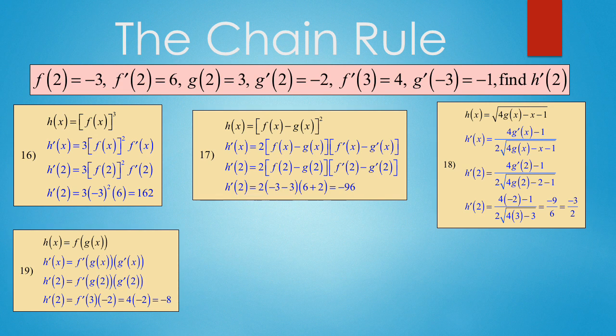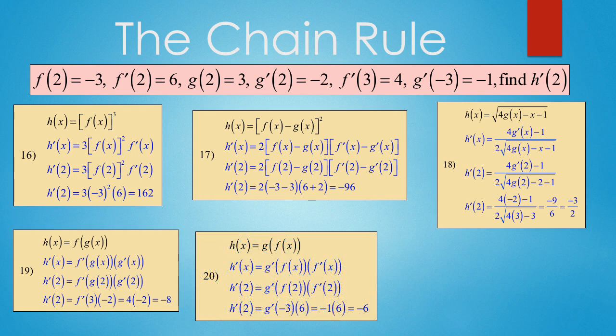Now when we plug in the 2, we get f prime of g of 2 times g prime of 2. Now again, we have to be careful here. g of 2 is 3, g prime of 2 is negative 2. So f prime of 3 times negative 2 by the table is 4 times negative 2, which is negative 8.